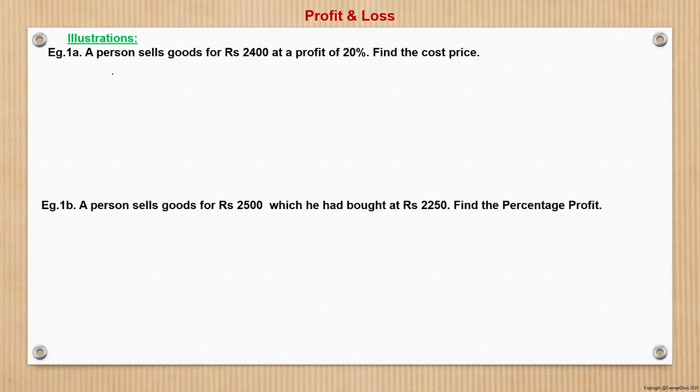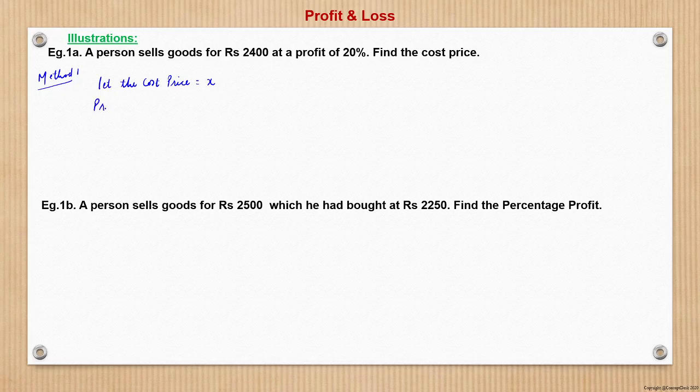So here illustration one says, if a person sells goods for rupees 2400 at a profit of 20%, find the cost price. So the first method we will take will be a very generic method. Here we will assume let the cost price be X rupees.